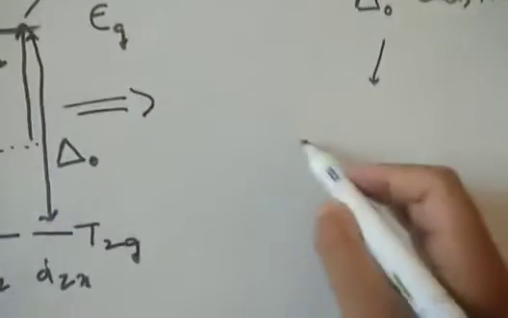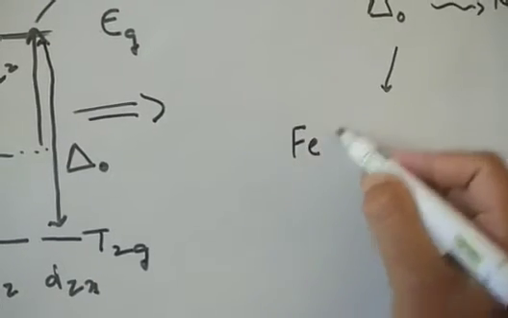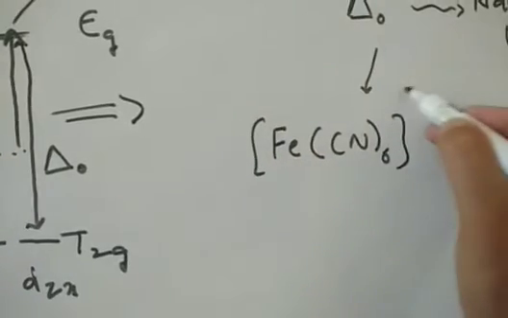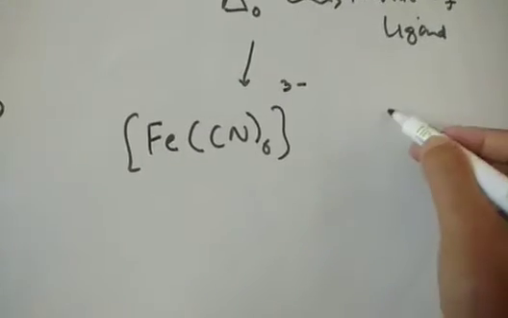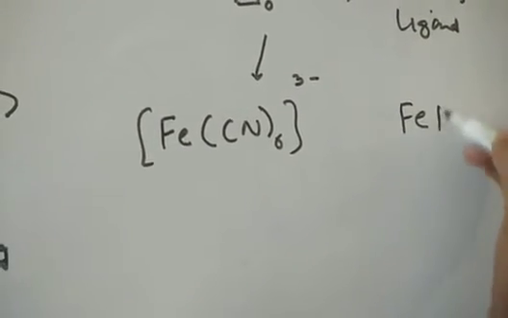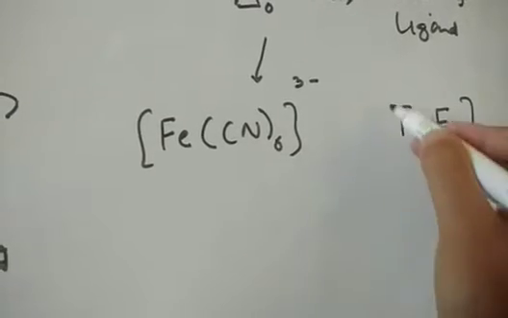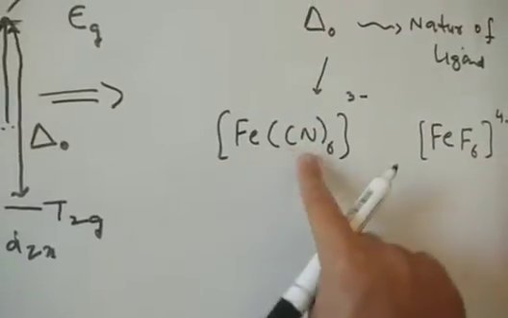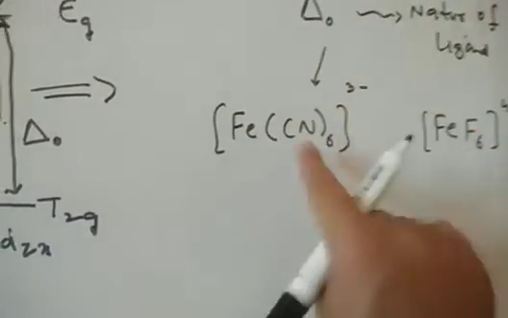We'll take two examples. We have a complex of iron, hexacyanide, 3 minus, and one more complex, iron hexafluoride, 4 negative. In both cases the metal ion is the same and the number of ligands is 6. They are octahedral complexes.